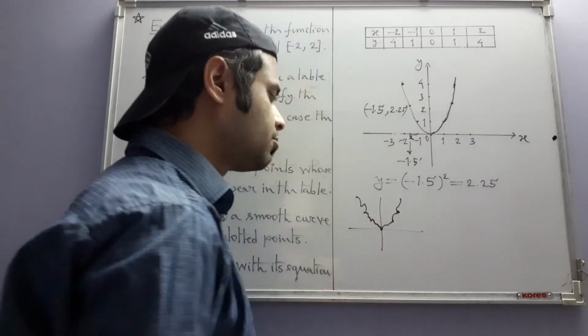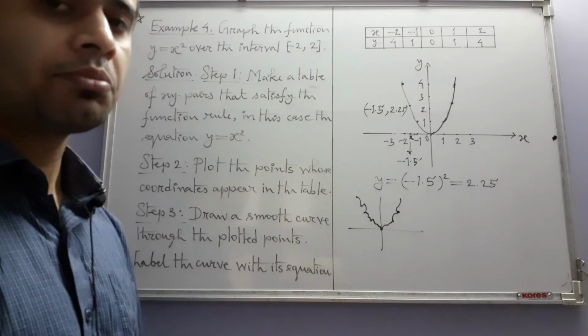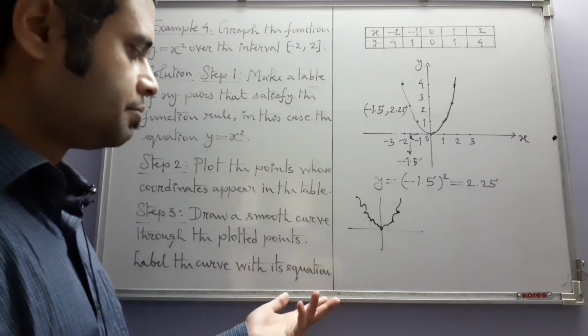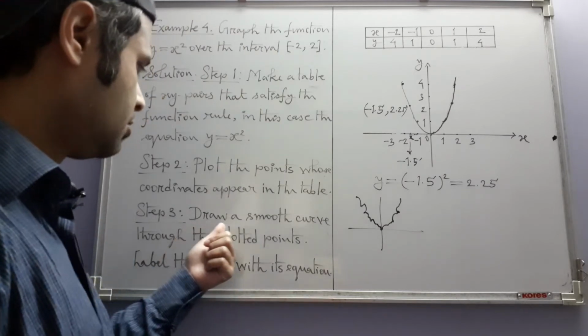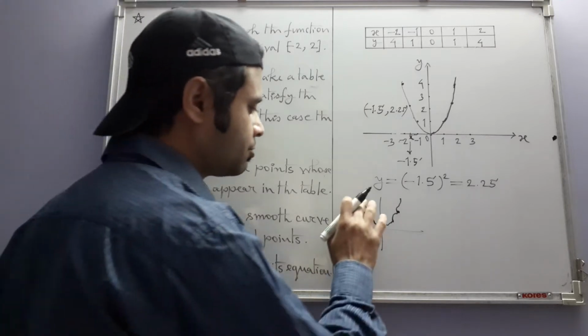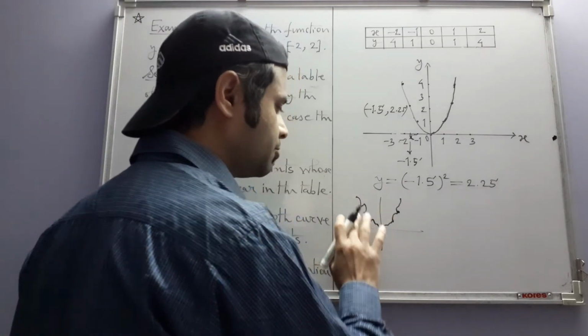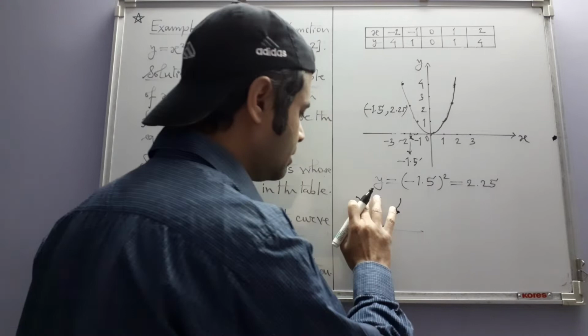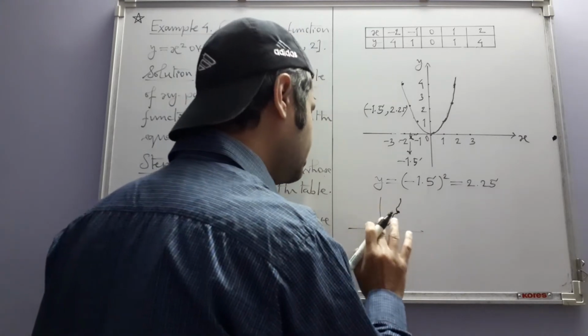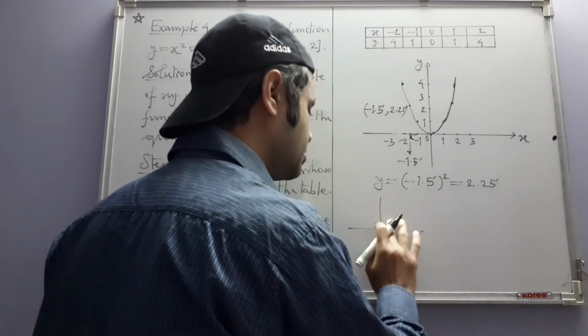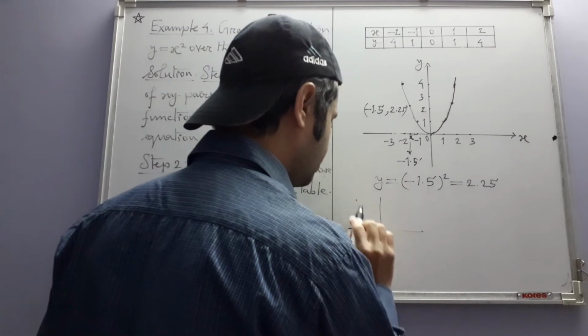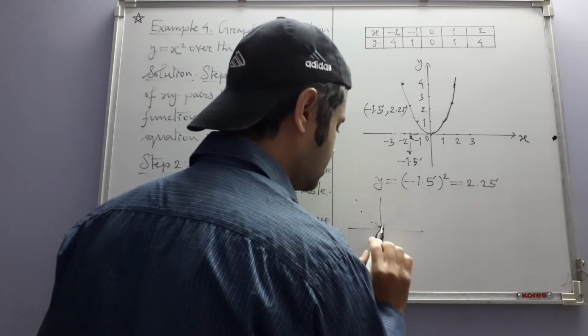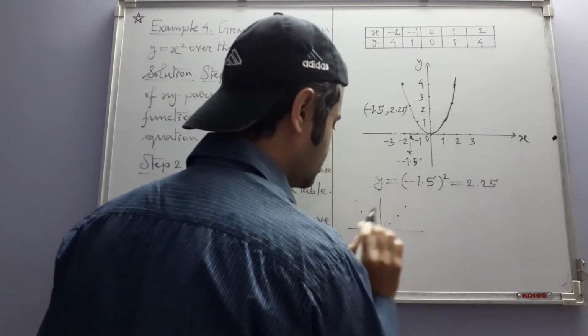Even after passing through those points, this is also a possibility, no? We have been asked to draw a smooth curve, so this is not smooth, it has jagged edges. Okay, fine, we can draw a smooth curve and still have messed up results like this.